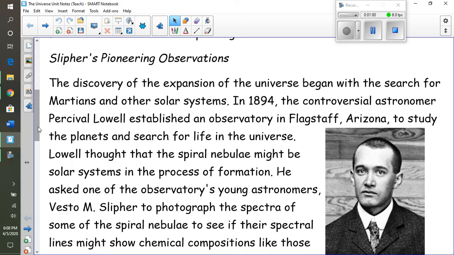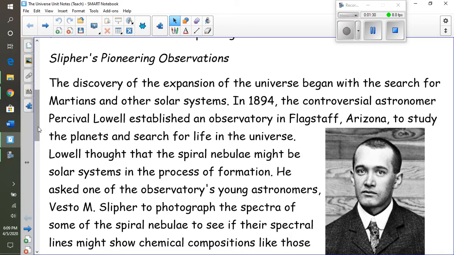It seems kind of silly, but it began with the search for Martians and other solar systems. So in 1894, a controversial astronomer, Percival Lowell, established an observatory in Flagstaff, Arizona, and he wanted to study the planets and search for life in the universe.